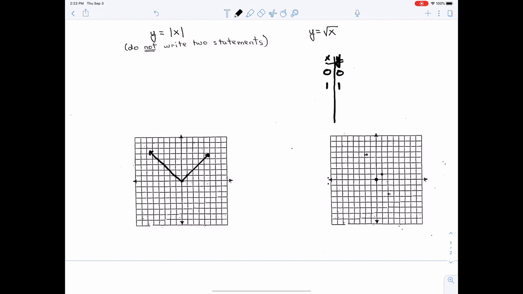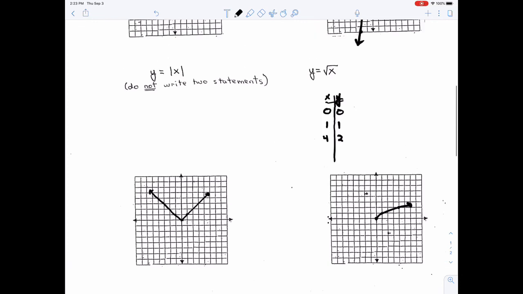Now you can plug in 2, 3, etc., but really the next value you can take the square root of is 4, and that's 2. So it's 4 comma 2. And if you want to go up to 9 comma 3, that's fine, but these three should be sufficient. So you have a curve on its side, and the points are 0, 0, 1, 1, and 4, 2. So you should have those memorized.